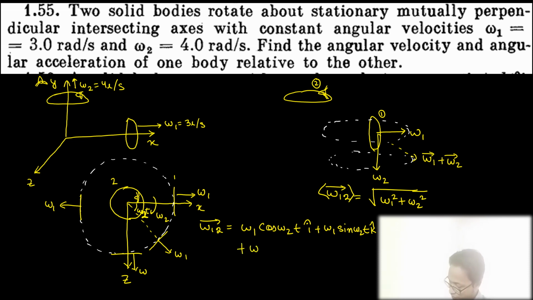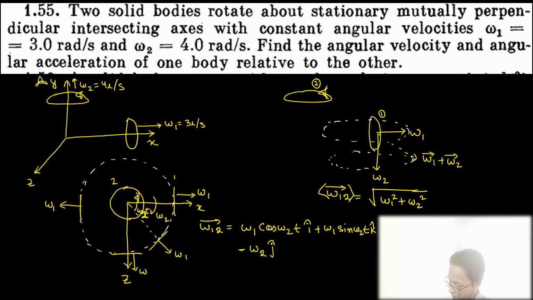So we have to write plus omega 2. And what is the direction of omega 2? If omega 2 is along this direction, it will be inwards, that is, towards the negative y-axis. Omega 2 minus j cap, which is minus omega 2 j cap.